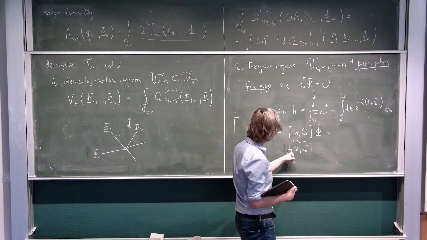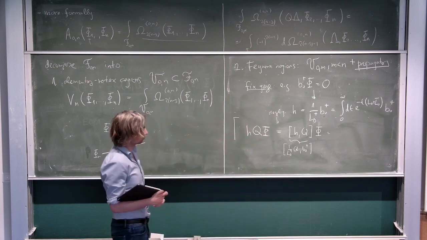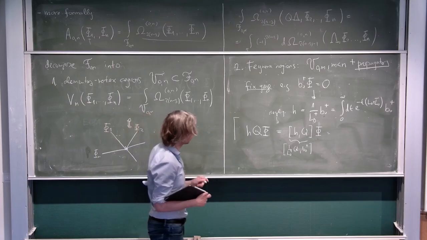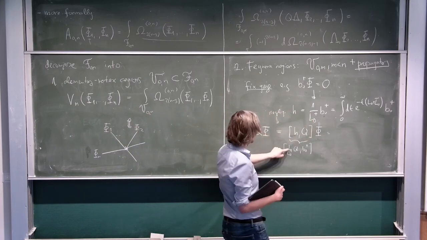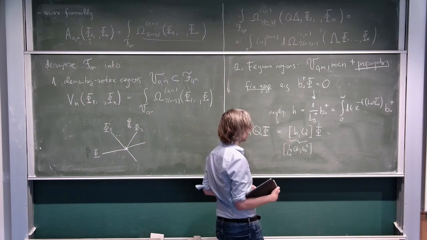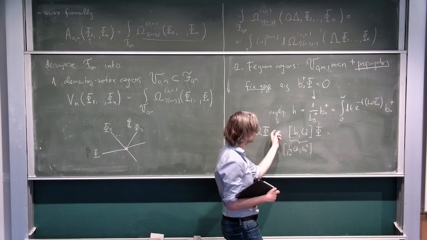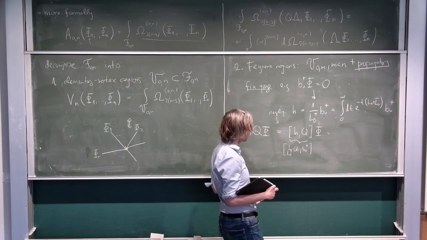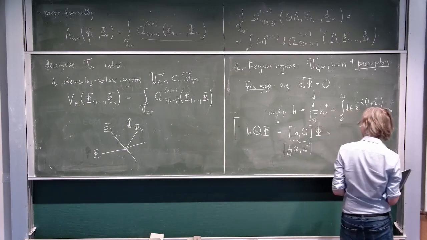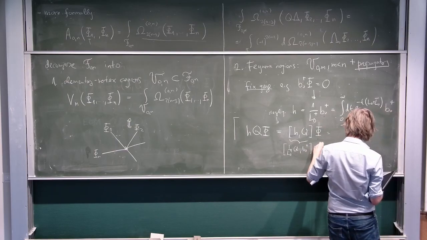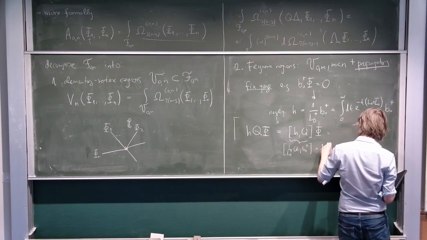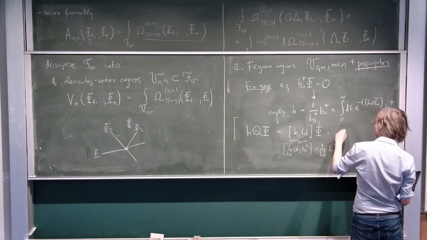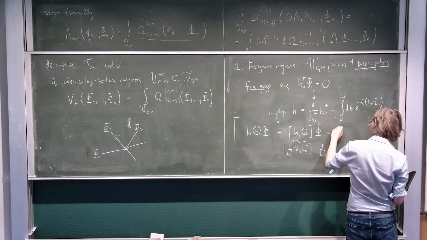For L0 plus, we know that it commutes with B0 plus, which you can just very quickly verify. So this 1 over L0 plus can be taken outside. Then we get the anticommutator of Q with B0 plus, and that we saw last time was equal to L0 plus. So indeed, we get just the identity.